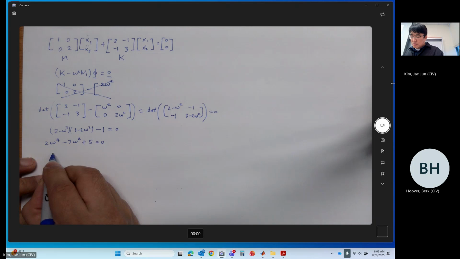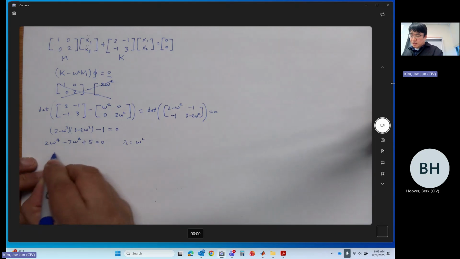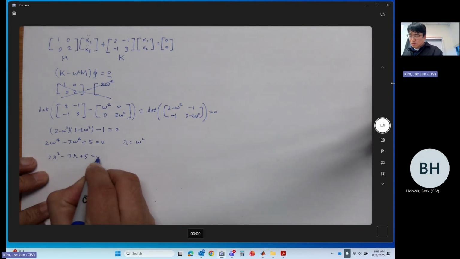So let's say lambda is omega squared, then 2 lambda squared minus 7 lambda plus 5 is 0.